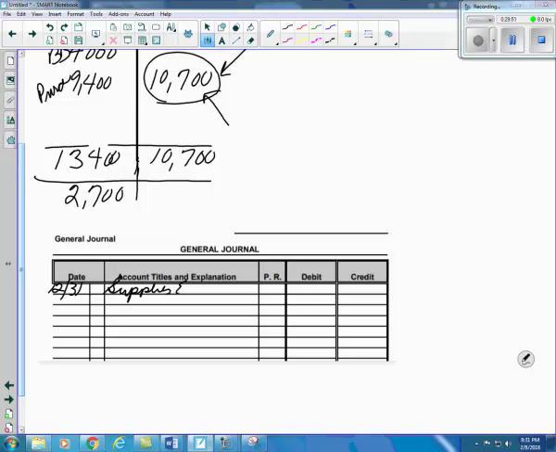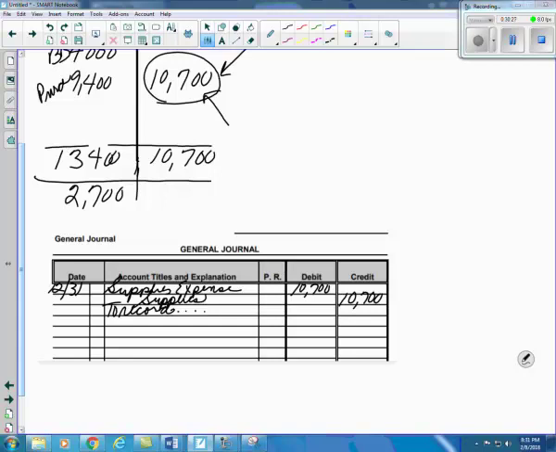I have supplies expense that I'm going to debit and make it go up by 10,700, and I am going to credit my supplies inventory, which is an asset account, making it go down, which makes sense because once I use these supplies, I no longer have them, so my inventory of supplies does go down. And our description is the same that we've had before. And there you go. You should be able to adjust your supplies account.